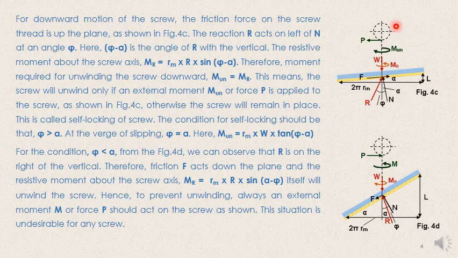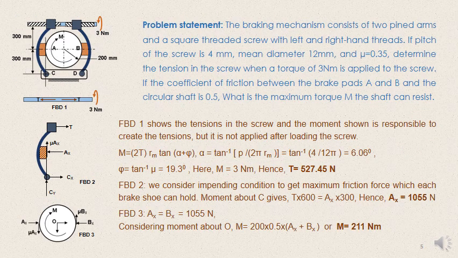So figures 4b and 4c are the right scenarios for a screw, but not figure 4d. This is the analysis of a screw, and what the screw design should be, one has to keep this in mind. Now, after the analysis of the screw, as usual, we take up a problem.